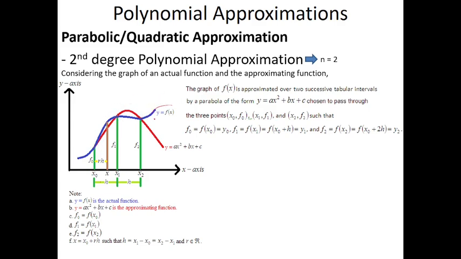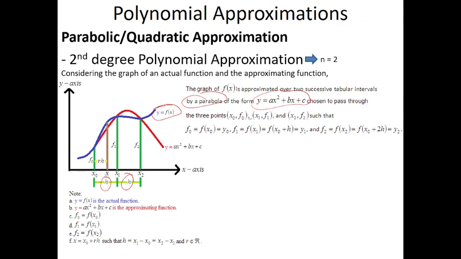The graph of f of x, which is the actual function, is approximated over two successive tabular intervals. Here are the two successive tabular intervals, approximated by a parabola of the form y equals ax squared plus bx plus c. This is the graph of the parabola. It is quadratic, approximated by a quadratic equation.